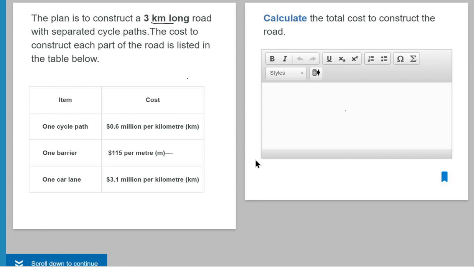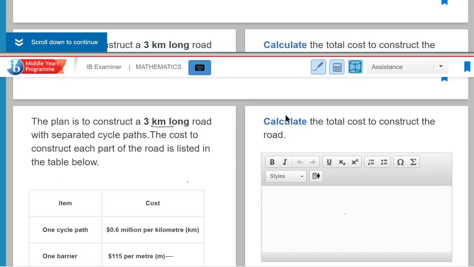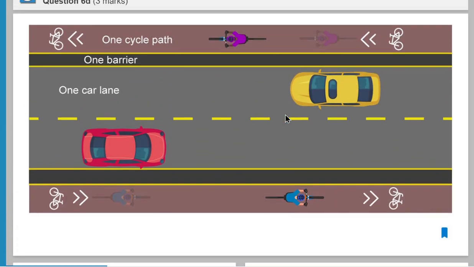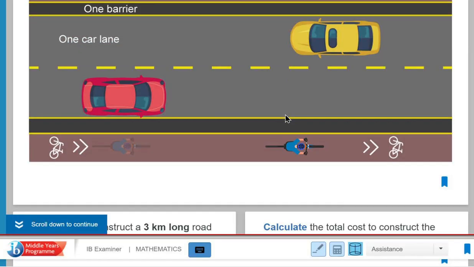So one cycle path consists of $0.6 million per kilometer. One barrier consists of $115 per meter, and one car lane is 3.1. Now we know that there are supposed to be two barriers, two cycle paths, and two car lanes, right?